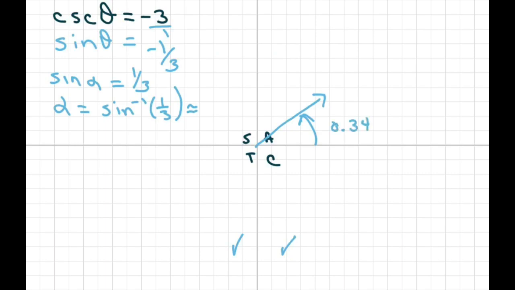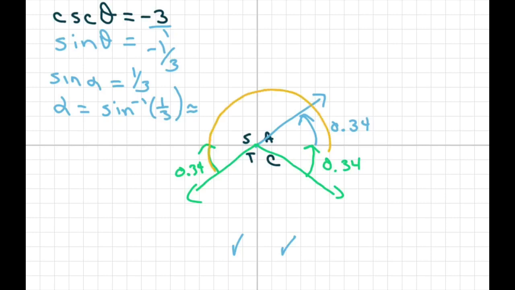However, we want quadrant 3 and 4, so I'm just going to draw a straight line here. So for my reference angle, this little bit is 0.34, and this little bit here is 0.34. So to get this whole angle here all the way through there, I'm going to take pi. So my theta 1 is going to be pi plus 0.34, and that gives you approximately 3.48.